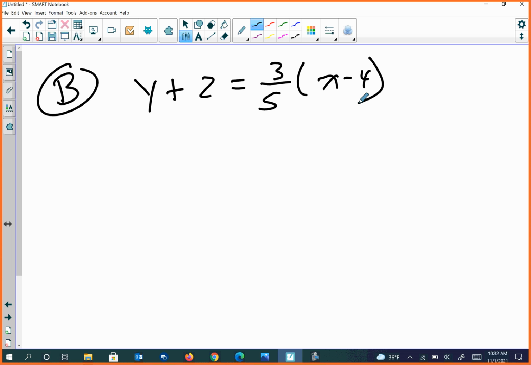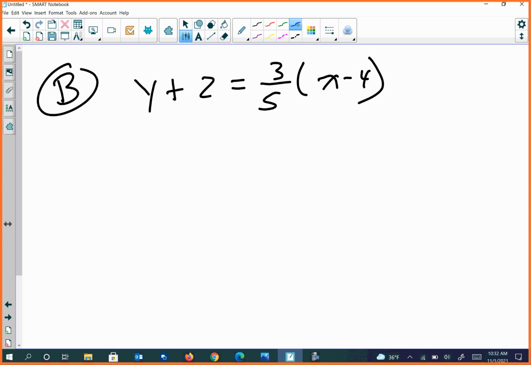So let's go through and use our 3 questions. Does it satisfy question number 1? Are x and y on the same side? No. Does it satisfy question number 2? Can I find the slope and the y-intercept? No, I can't. Question number 3, is there at least one set of parentheses?